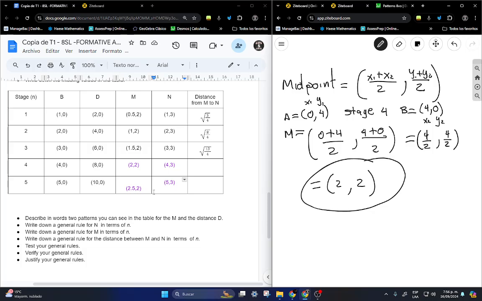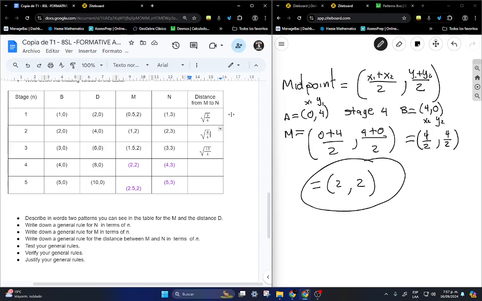But now, when you see the distance from M to N, this is not something that you have usually seen, because this doesn't follow a linear pattern. You see there's a square root, you see there's a denominator 4, and you see that the numerators are increasing, but the difference is not the same, because from 5 to 8 there are 3, but from 8 to 13 there are 5, so the difference is not constant, which is the definition of a linear pattern.